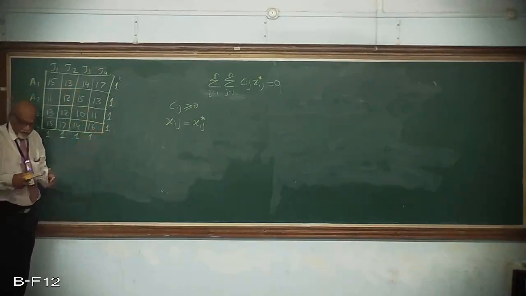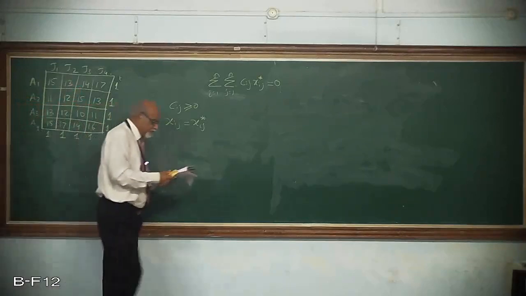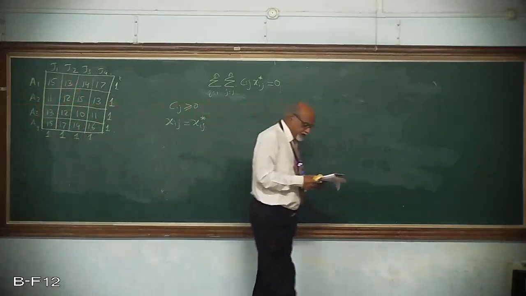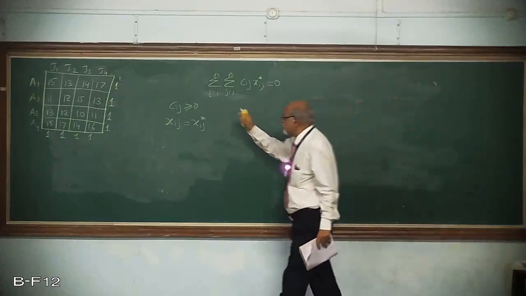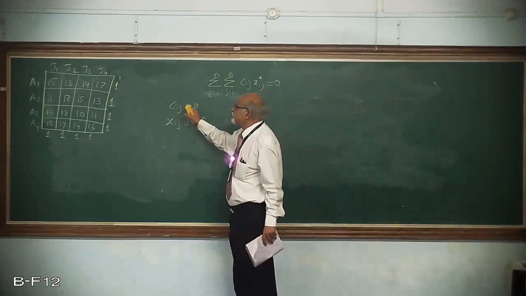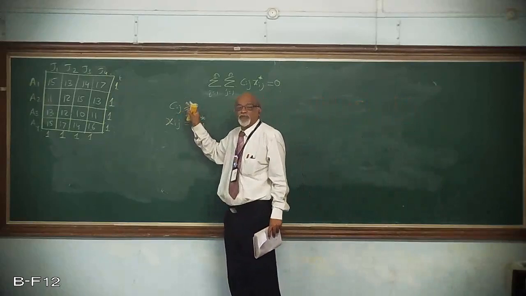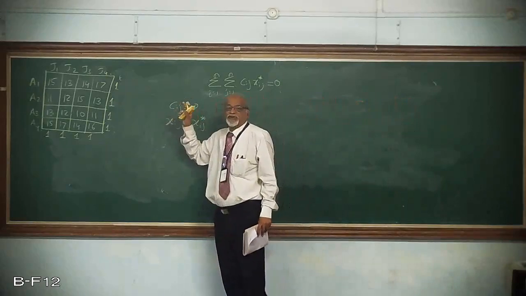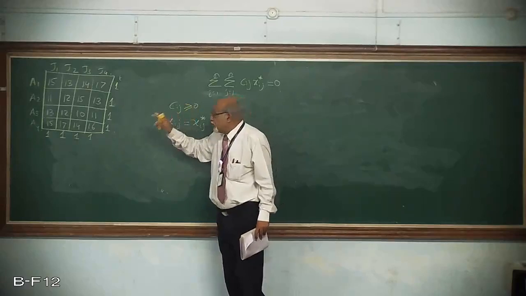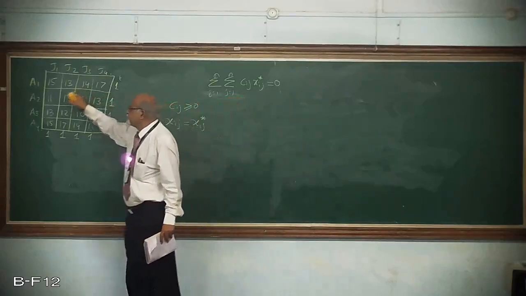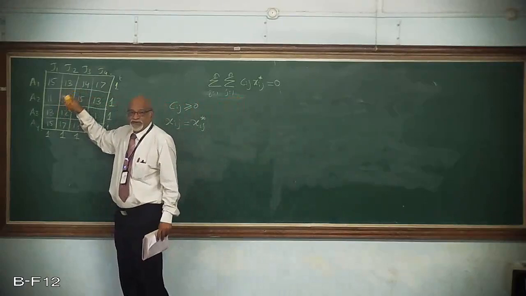The second theorem plays an important role because it states that if I am able to find such a solution, then whatever solution I have found is the optimal solution. When it becomes the optimal solution, I need to allocate only zeros. How to create zeros?